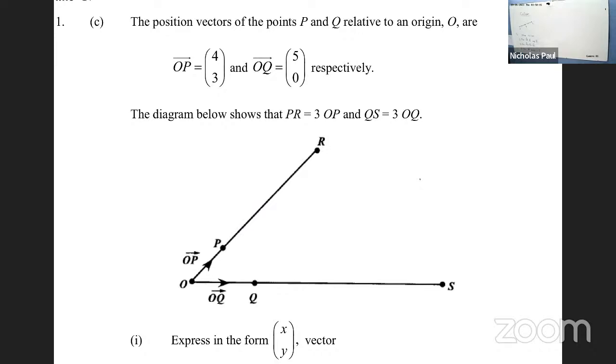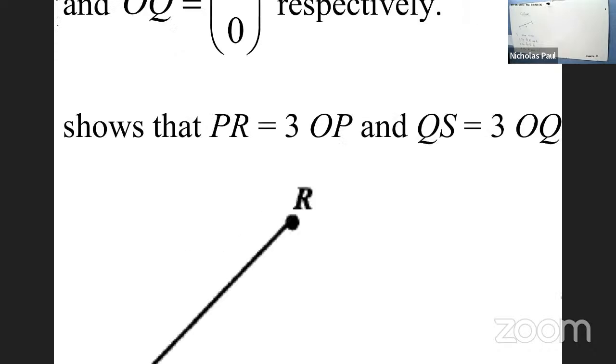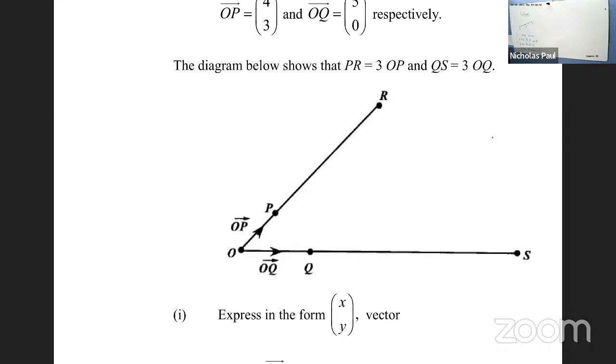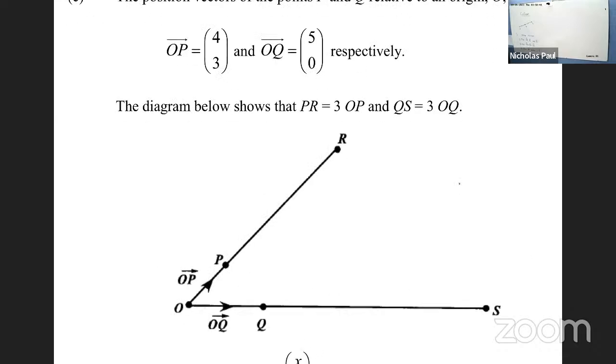Oh, yeah, the diagram first. Right, OP is 43, OQ is 50. Just do my favor. Write down what you think PR is. Yeah, look at the info right there. See if you can find PR and QS.